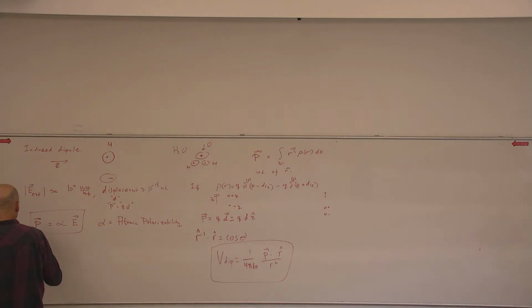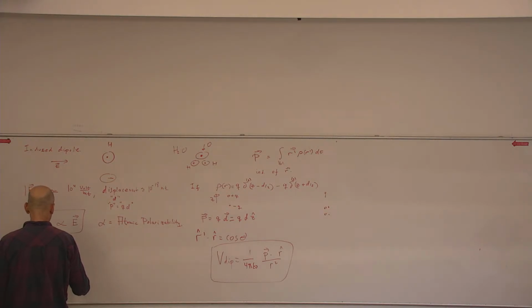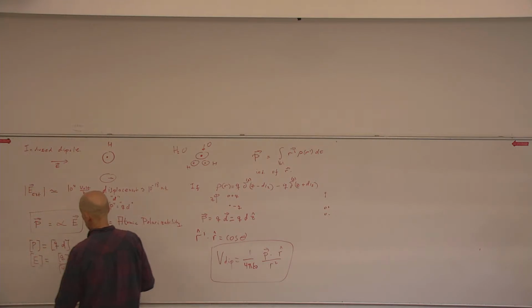P has units of Q times D. E has units of Q over 4 pi epsilon 0 D squared. These are just the units. Then P, what do I want?